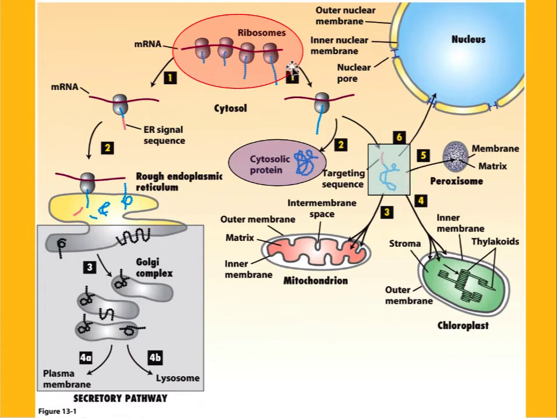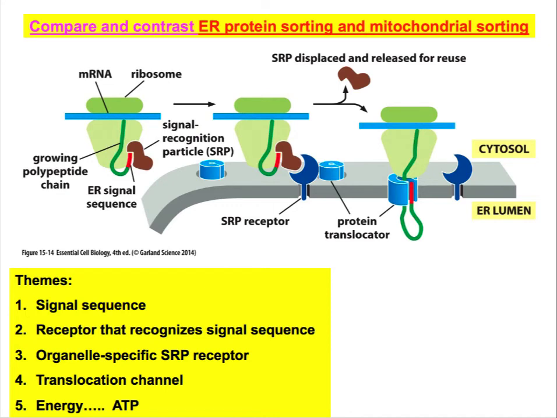And that these polypeptides can follow different paths depending on their final destination. So the left-hand side is the endomembrane system, and the right-hand side is the organelle system. And you need to become familiar with this by the time you finish reading this chapter. Let us finish off this section of the video by looking at some more detailed information.